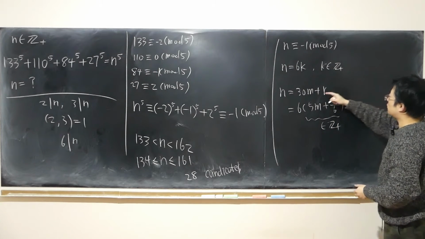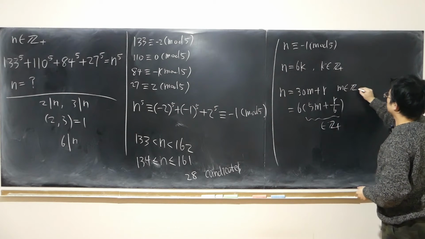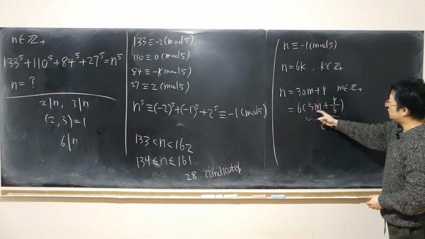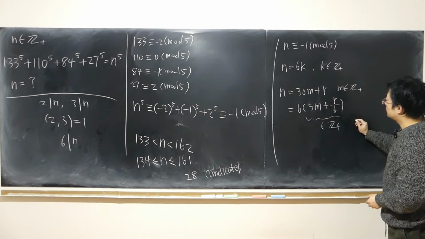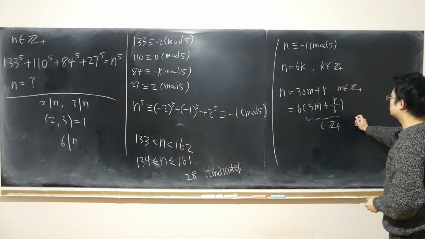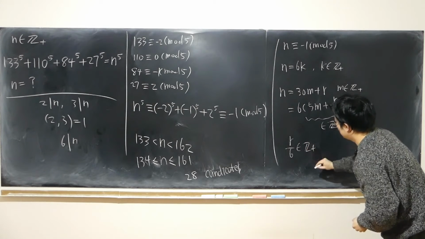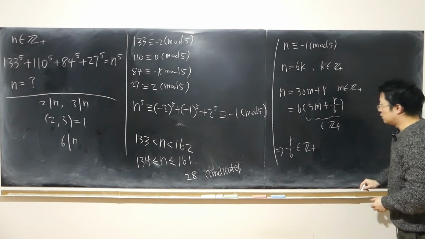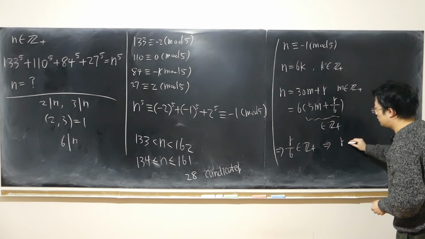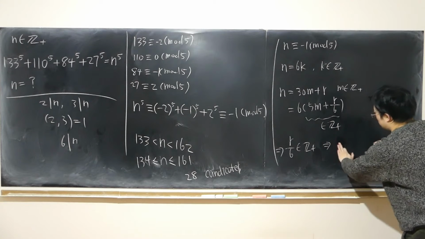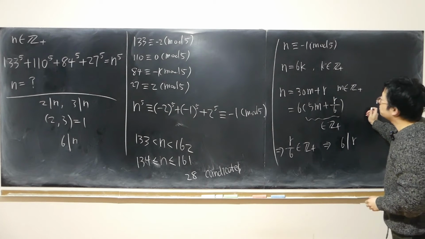Since m is already a positive integer, this must also be a positive integer. Which means 6 divides r as well. r is a multiple of 6.